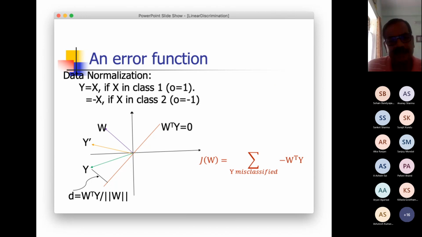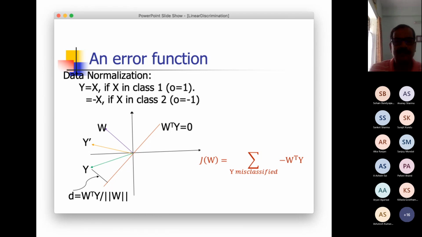Right. So now let us formally define the error function on which we'll be trying to get a linear discriminant function or a hyperplane which can separate it out.